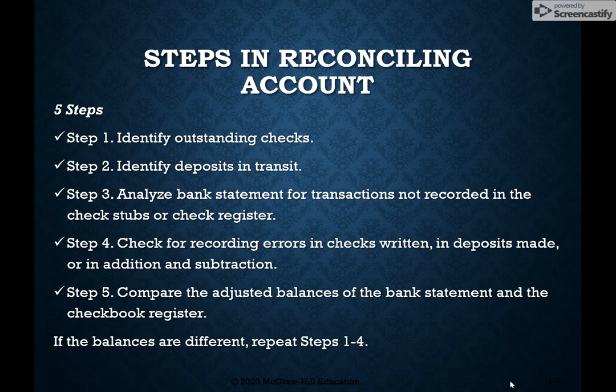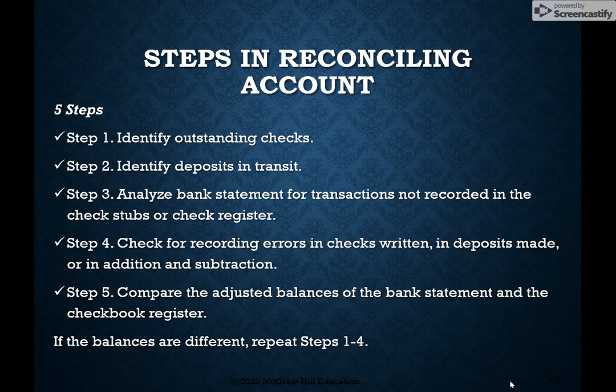Then we need to analyze the bank statement for transactions not recorded in the check stub or check register, and then check for any errors. It could be errors in the bank statement, errors in the checkbook account, or addition errors or subtraction errors. So it could be some mathematical errors, and we need to look at that.